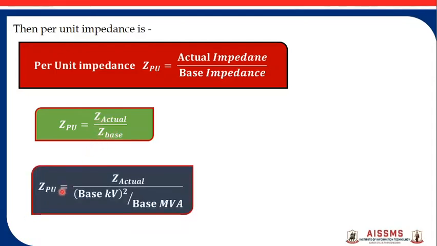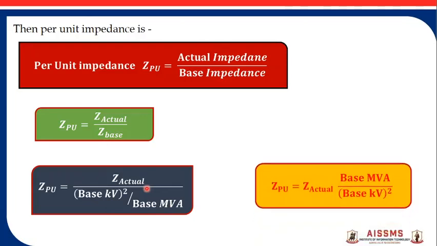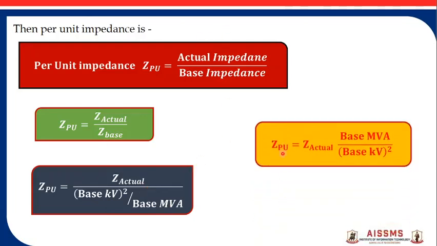Z per unit will be equal to Z actual divided by base kV square divided by base MVA. By rearranging this equation, I get Z per unit equal to Z actual into base MVA divided by base kV square.